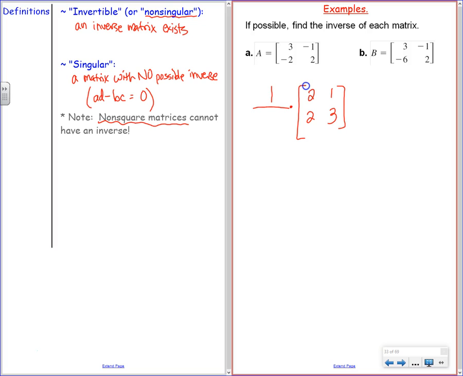I have to do 1 over, what's A times D? 6 minus B times C? 2. What would my final be? 1/4 times this guy, which I fully trust that we could multiply if we needed to, right guys? Okay. What would happen though if we ever had to divide by 0? It's an error. The inverse does not exist.